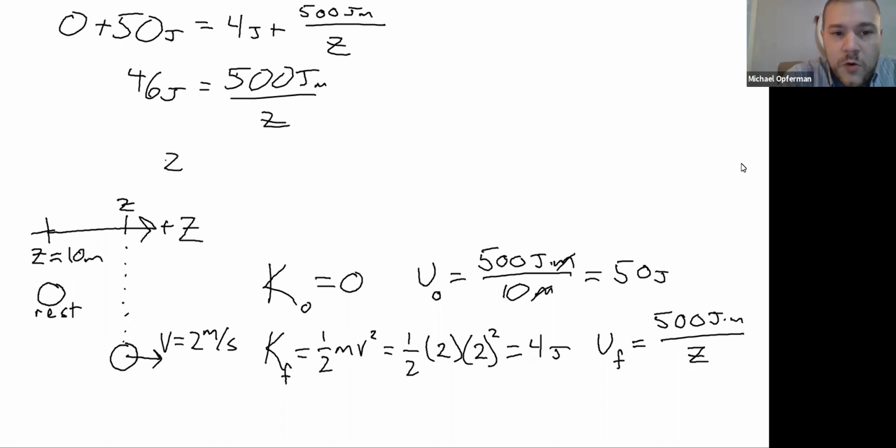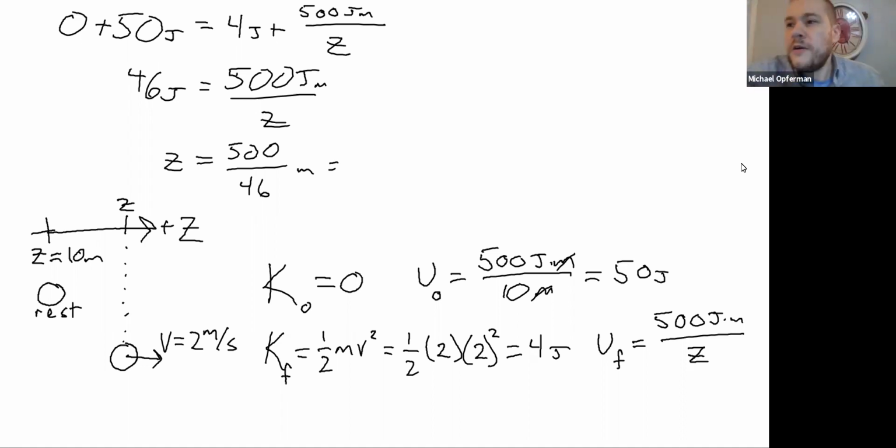So z equals 500 divided by 46 meters, which is, calculator here, 500 over 46 is 10.87 meters.